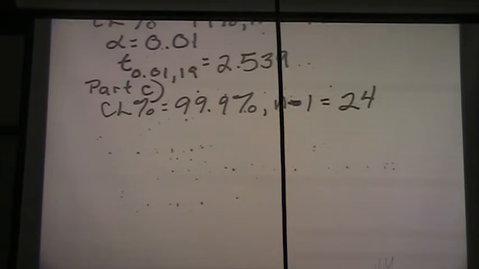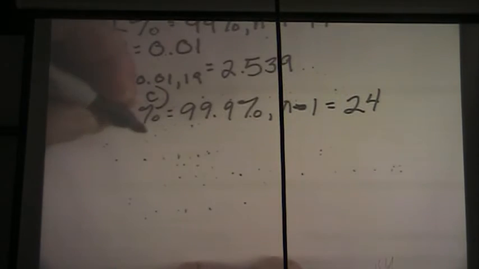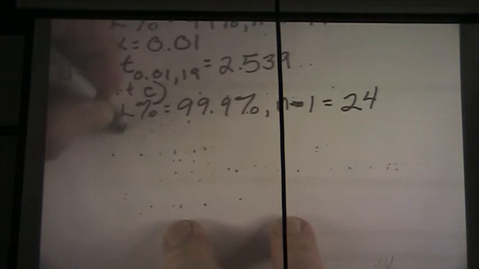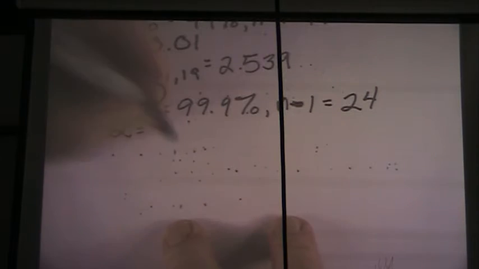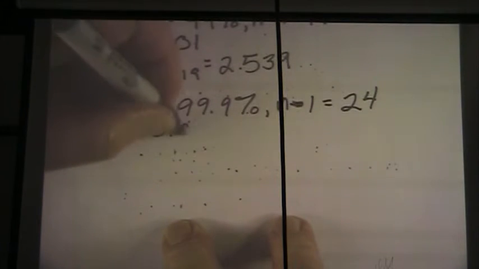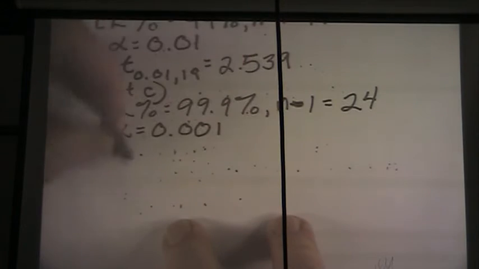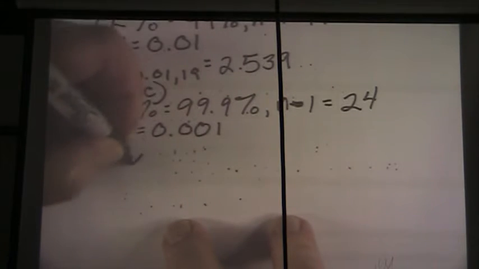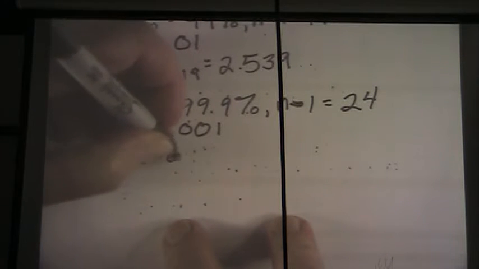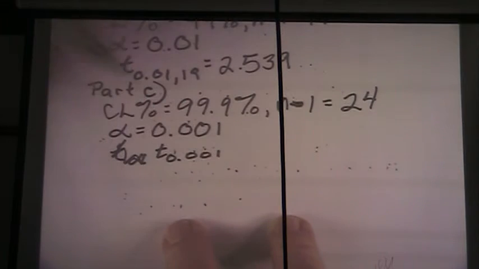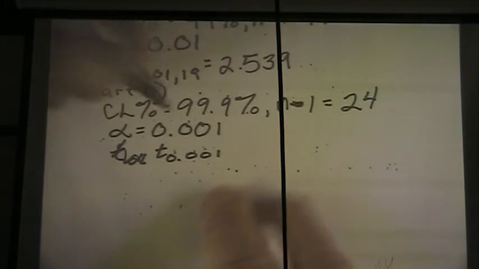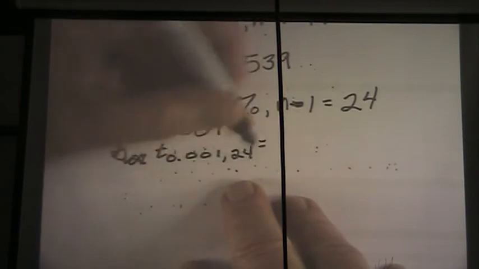That's what I'm looking for, that infinite curve. All right, so that implies alpha is 0.001. Therefore, we're looking for T alpha, or excuse me, T of 0.001 with 24 degrees of freedom.